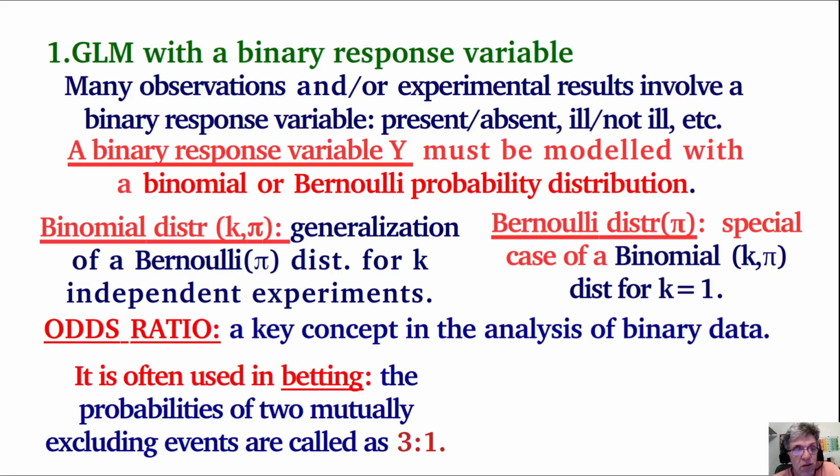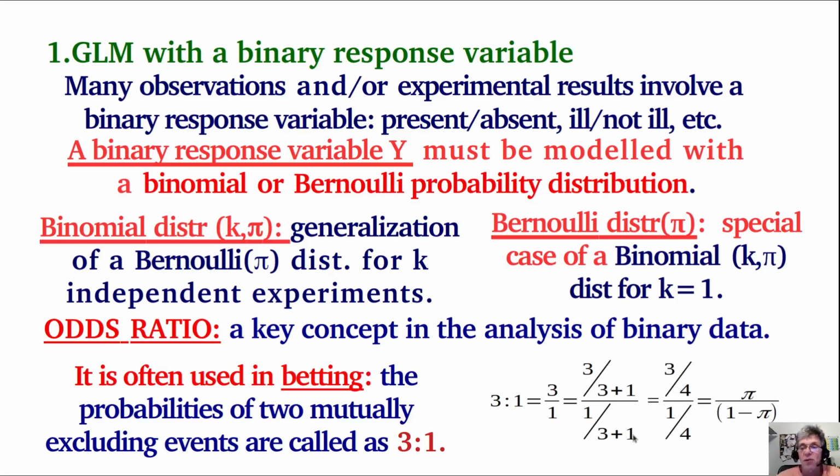The odds ratio is often used in betting as a way of expressing the probability of two mutually exclusive events. For instance, odds are called as 3 to 1. 3 to 1 means a 3 to 1 ratio, and this ratio can be expressed as 3 divided by 3 plus 1. The plus 1 is because the denominator is 1, over the same denominator.